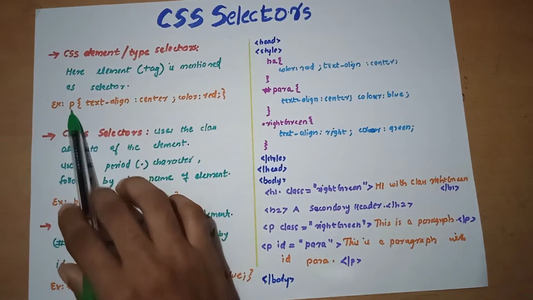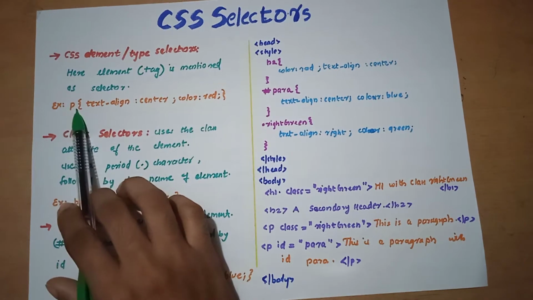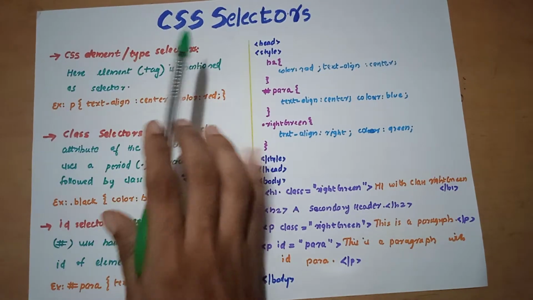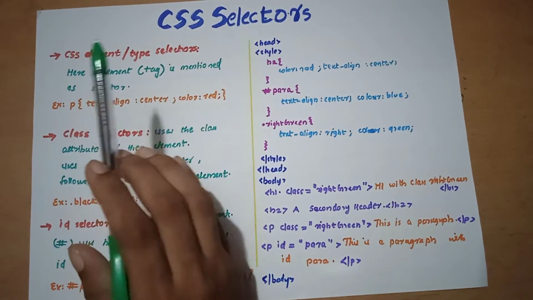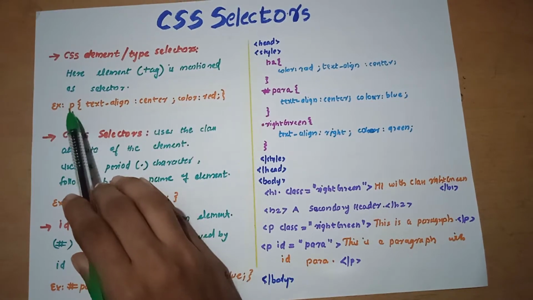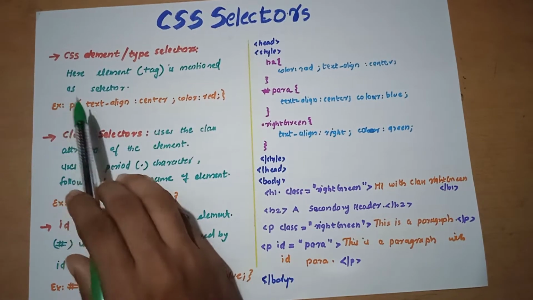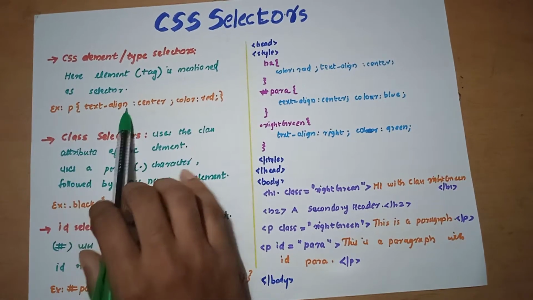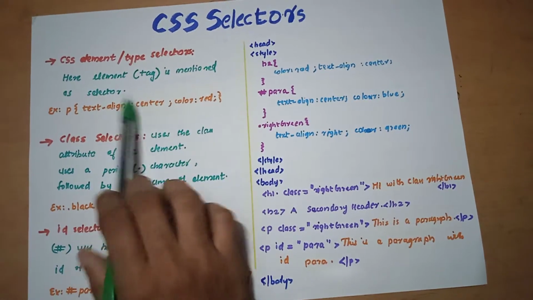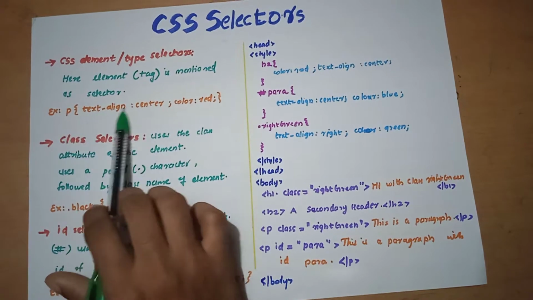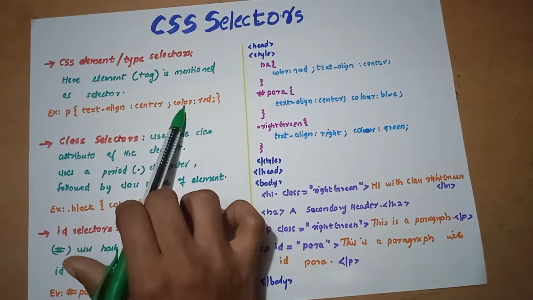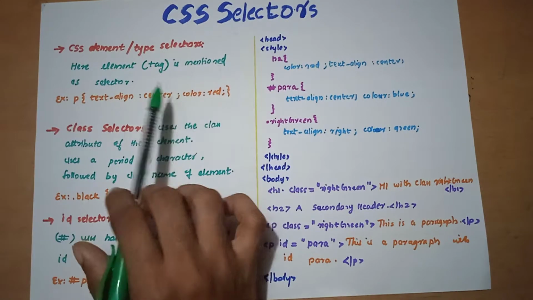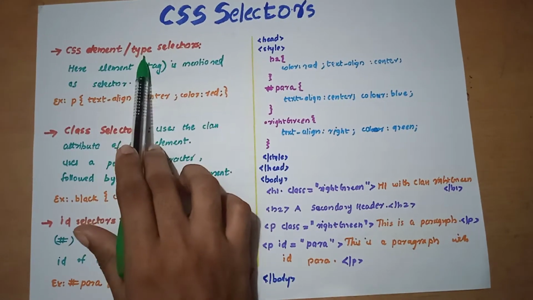Inside CSS you can use an HTML element as a selector too: just write the element, and add as many styles as you want. That's all about the CSS element or type selector.